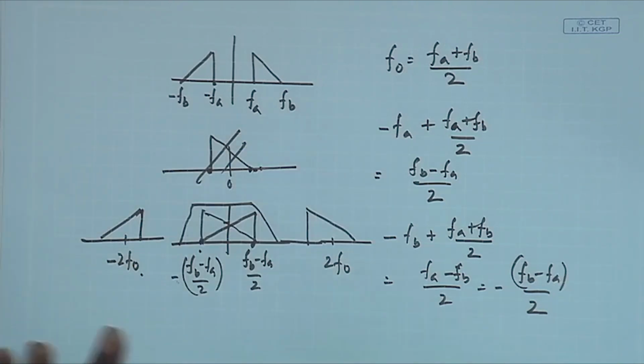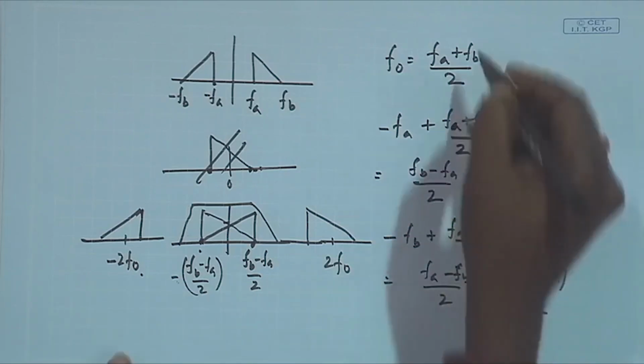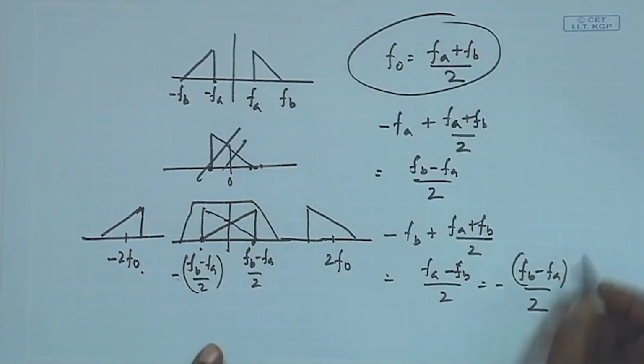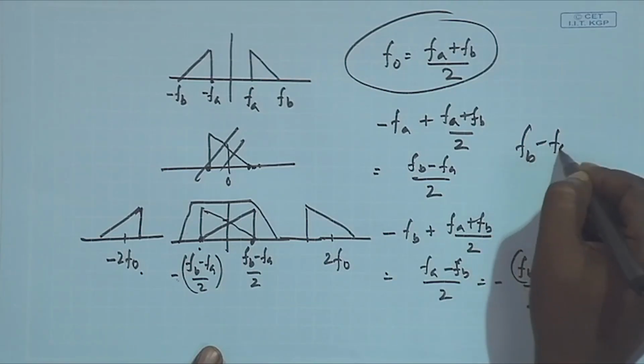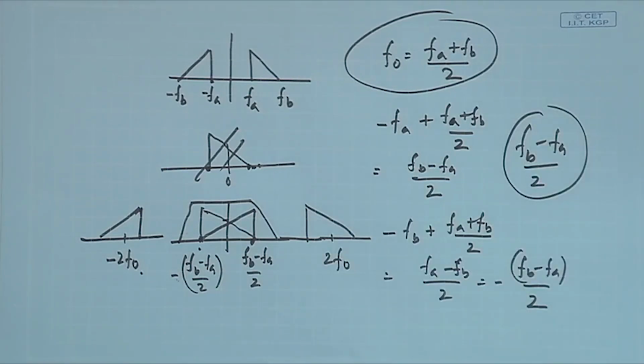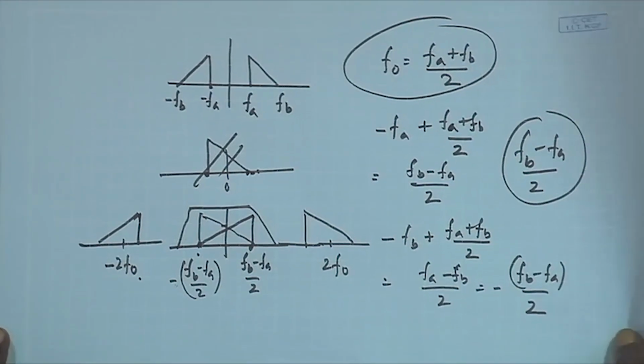So, this is what he is trying to employ. Immediately we can see that f0 is designed as this, and the filter cutoff frequency is fb minus fa by 2, that is what has been employed. So, immediately you know, for voice, what our overall thing should be, right. That is something we already know.